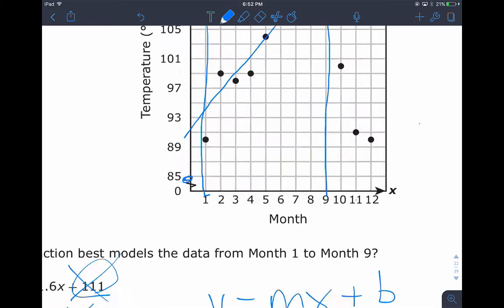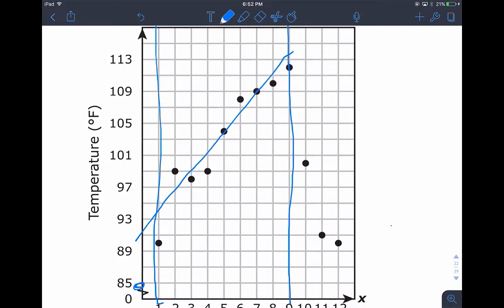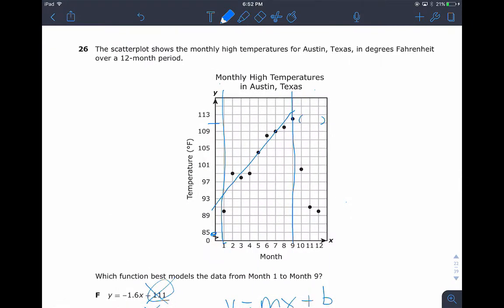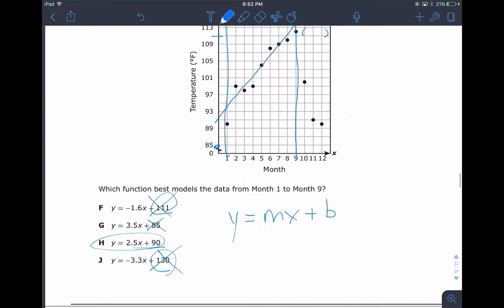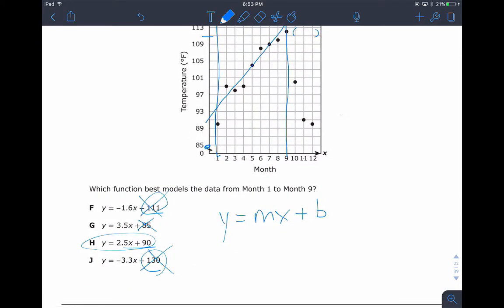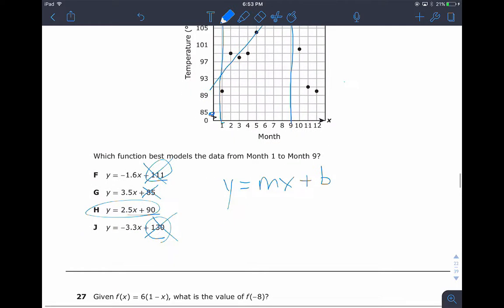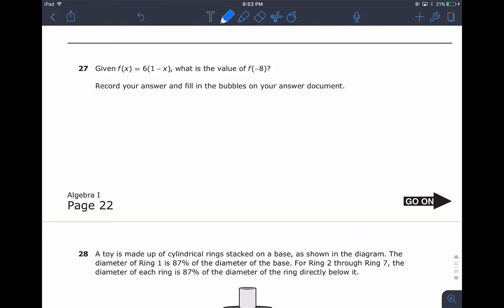Now, these aren't too hard to figure out the actual values, because each tick goes up by 2, so each little half tick is going up by 1. So you could actually find all these ordered pairs and then use regression, but that's going to take a long time. I would just sketch the line of best fit, and that's what we did, and we chose the best one. So that's all I would do on that one.